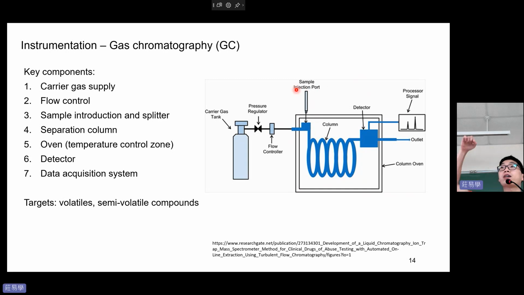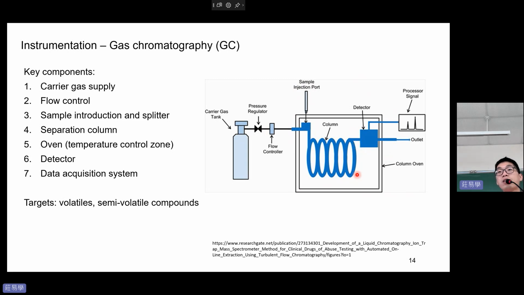That's where you inject your environmental sample. When you inject your sample, the gas supply supplies the gas to move your compounds through the column, so your target compound can be separated from other background matrices.